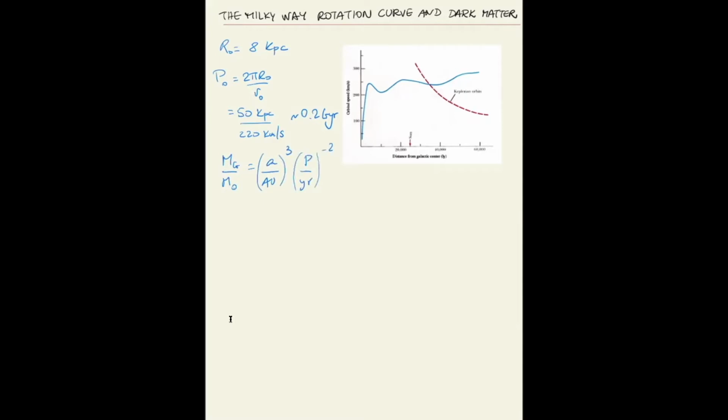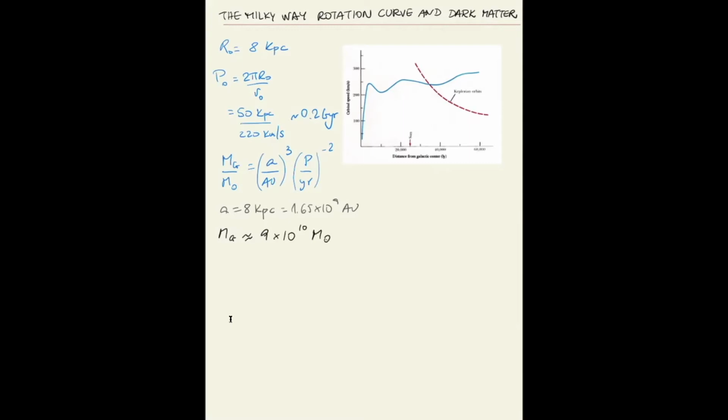So 8 kiloparsecs in AU is about 1.65 times 10 to the 9 AU, and the period 0.2 gigayears, so 2 times 10 to the 8 years. If you do this calculation, then you find that the mass inside of the Sun's orbit is about 9 times 10 to the 10 solar masses. So 90 billion solar masses.